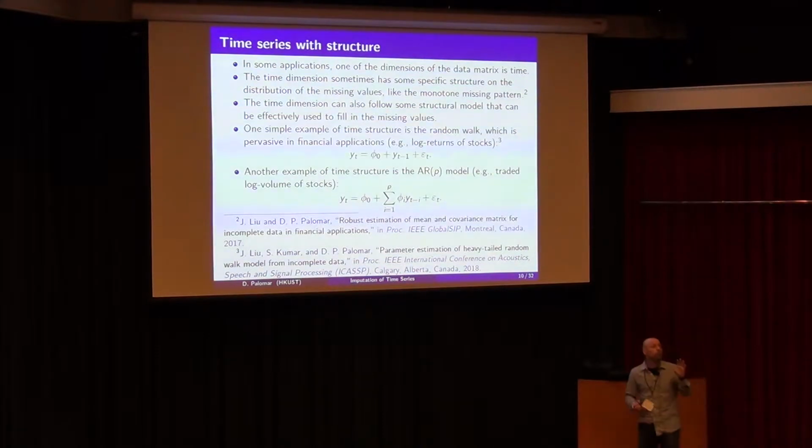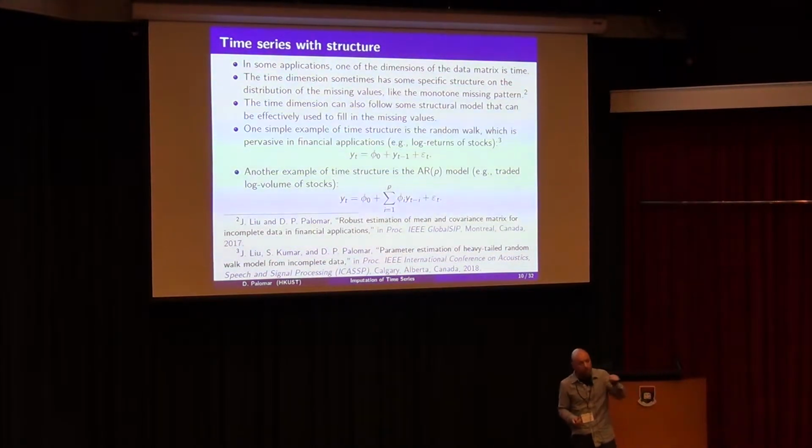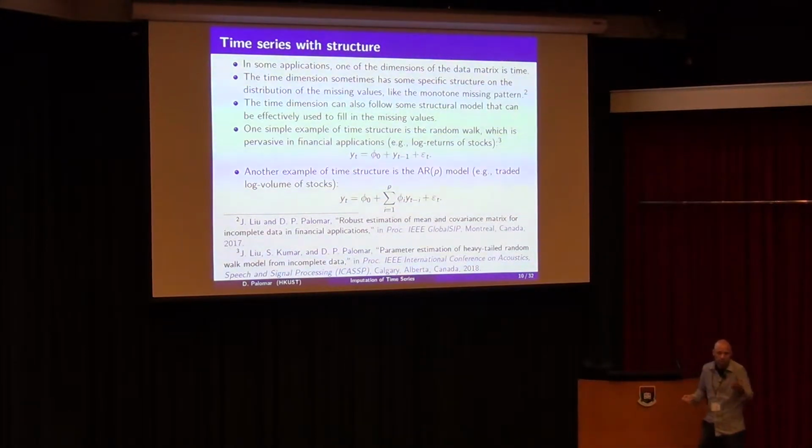Now, in our case, we are going to use the structure along the time domain. It's totally different from the low rank structure. The idea is that Y_t is the time series, and there is some structure. In this case, it's a random walk, so Y_t is equal to Y_{t-1} plus some innovation.